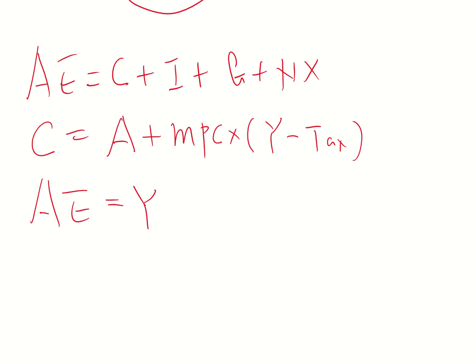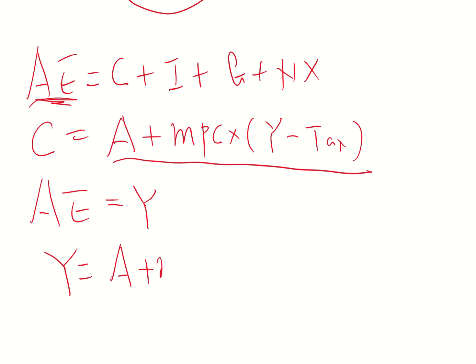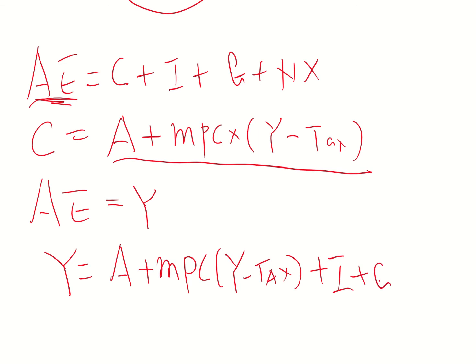So let's put all this together, right? Your aggregate expenditure, this is also your income, Y, equals C, which is all this over here. So autonomous consumption plus MPC times Y minus your tax, plus I plus G plus NX.